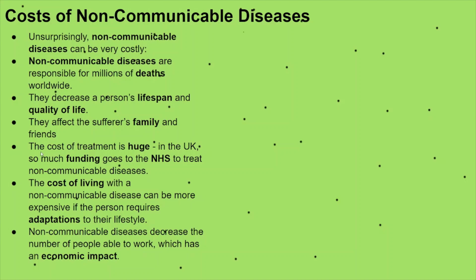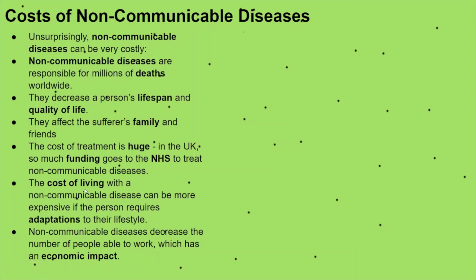And the financial costs, again, the cost of treatment, the funding going to the NHS, that's huge. The cost of living with a non-communicable disease, if you need adaptations to your lifestyle, that can be another cost. And non-communicable diseases decrease the number of people able to work, which has an economic impact. That's a third financial cost of non-communicable diseases.